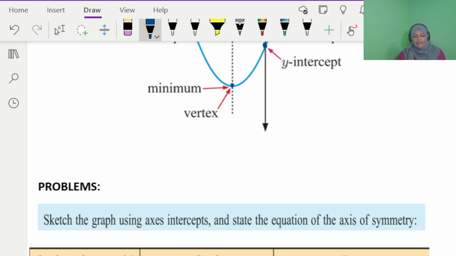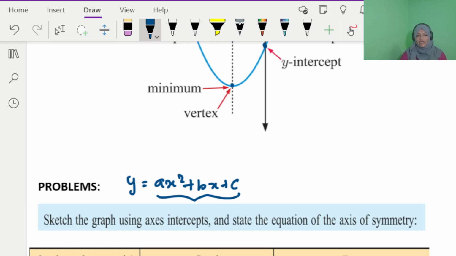So the first one is you will be able to express y equals ax squared plus bx plus c, by factorizing this quadratic equation, into this format: a into x minus p into x minus q, where p and q are real numbers, and you have to make sure your a is non-zero, because that's a very important condition for a quadratic function.